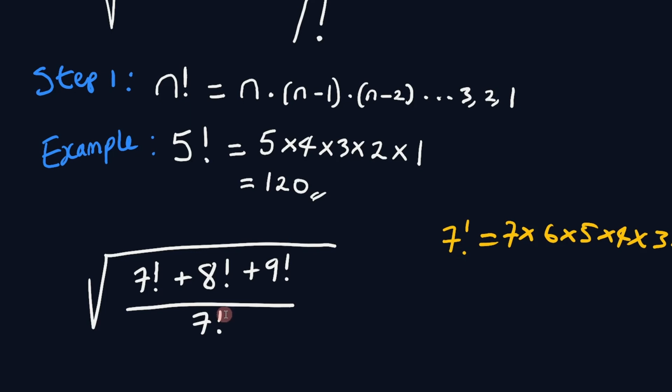The question we need to ask ourselves again is: is there another way we can solve this to get the right answer fast? If you look closely, we ask ourselves, is there a way to eliminate this 7 factorial to make it easy for us to solve the numerator? Can you see any way?